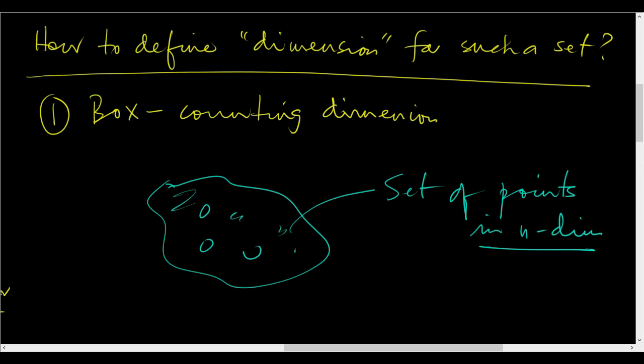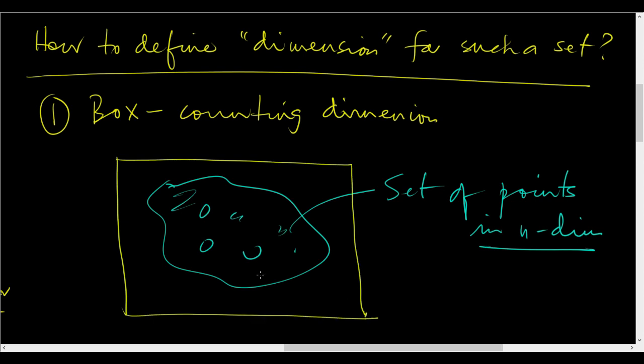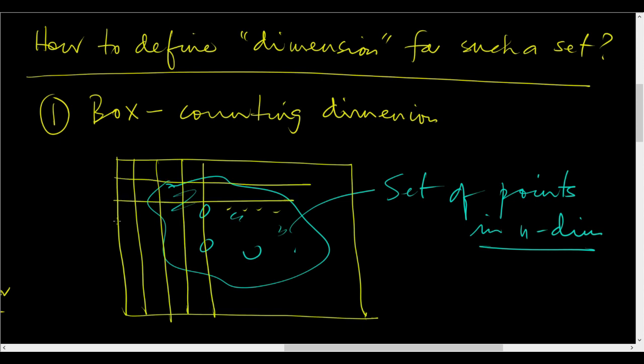Now what you do is you come along and you take a region which includes all of these points, and then inside this region you divide the region into boxes of size or characteristic size epsilon.